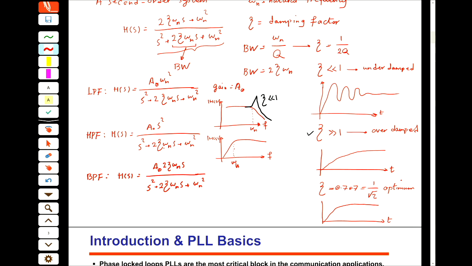This is the bandpass filter, and the absolute value of its transfer function is something like this. Here is omega n, the resonant frequency of the bandpass filter.